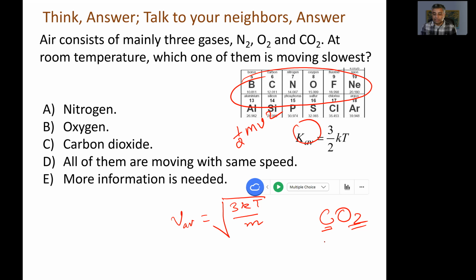So carbon 12. You don't need to calculate mass because it's not asking you to find the speed. But just in case you are asked, carbon is 12. And then there are 2 oxygens, meaning 2 times 16. Right? Is that 48? Oh, no. 44?